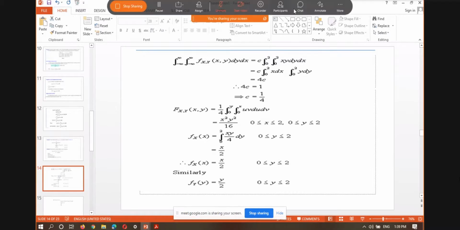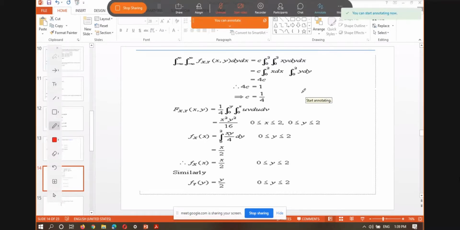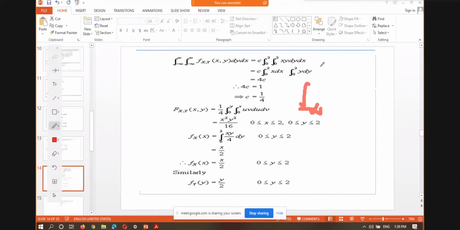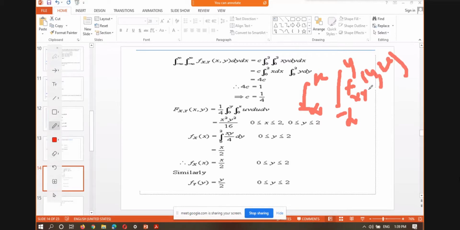Since we are using the variables u and v, integrating from minus infinity to x and minus infinity to y, f has value c times u v, and c is already calculated as 1 by 4, integrated with respect to du and dv.